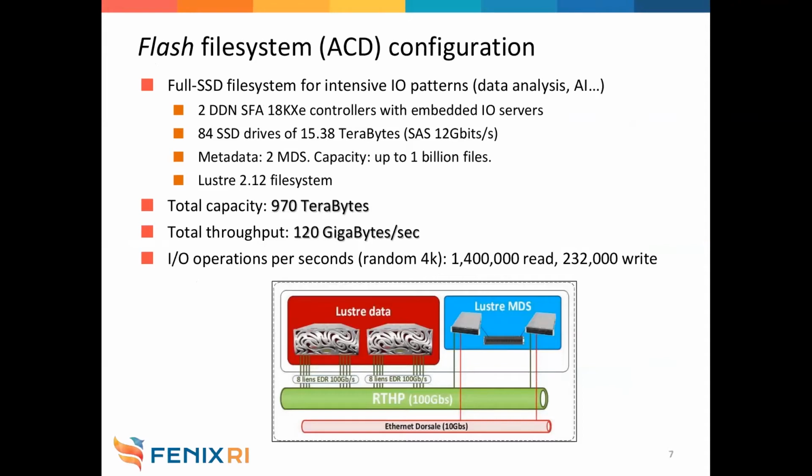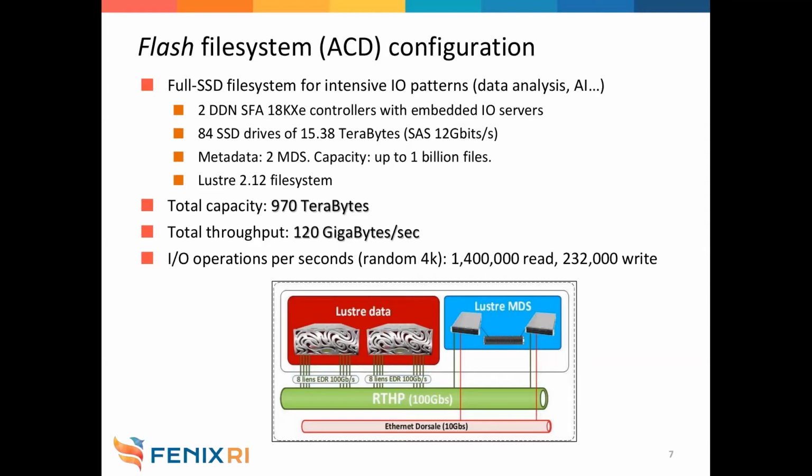So it's particularly adapted for intensive IO patterns like data analysis, AI, etc. It's made of DDN controllers, and each controller has 84 large SSD drives. In terms of metadata, it can handle up to 1 billion files.